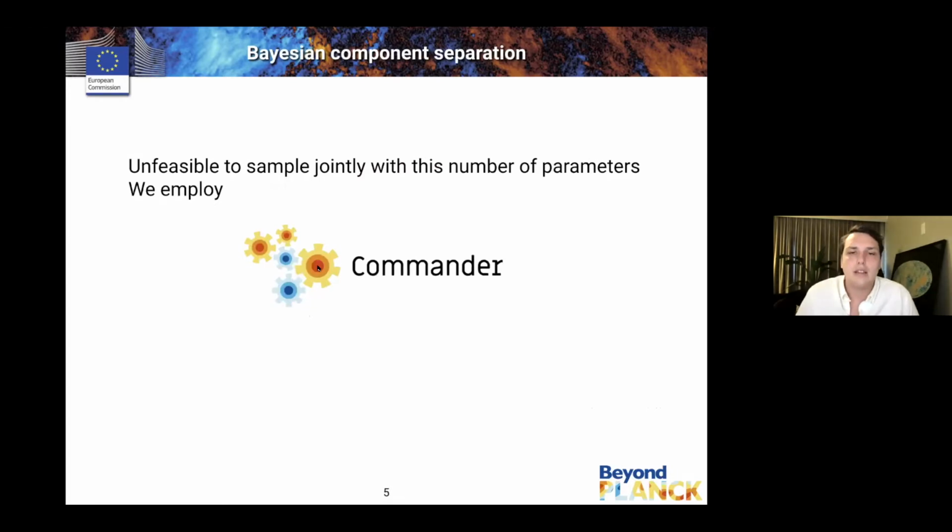So as you might also have heard, we are sampling a vast amount of free parameters, and to sample this directly from a posterior distribution is simply unfeasible. So we resort to Bayesian component separation through the Commander framework.